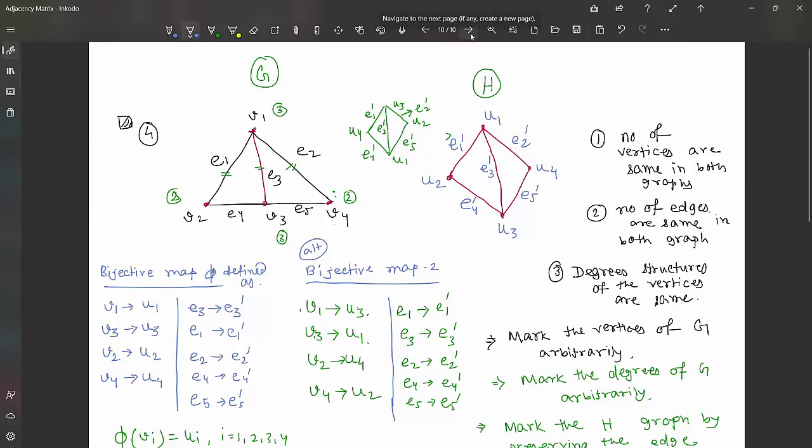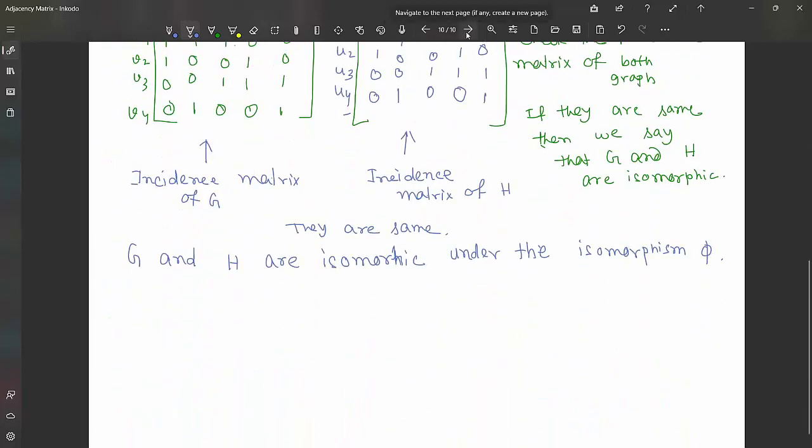So now you can take another problem just to clarify it better. And this is our last problem from the isomorphism of graphs.